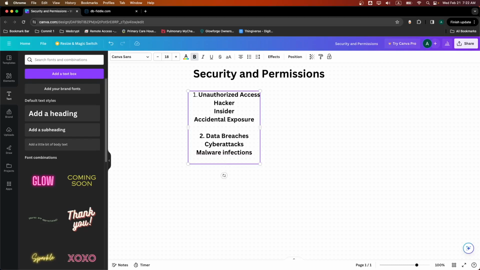Then we have lost or stolen devices. If you have lost a laptop, smartphone, or external drives, there is a possibility of exposure, and you need to consider that too.